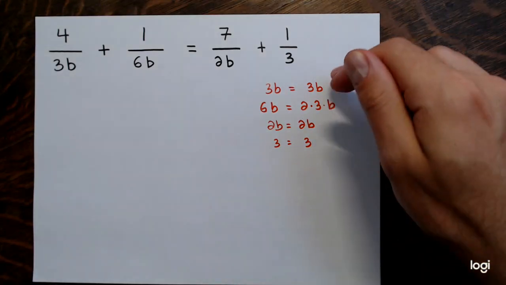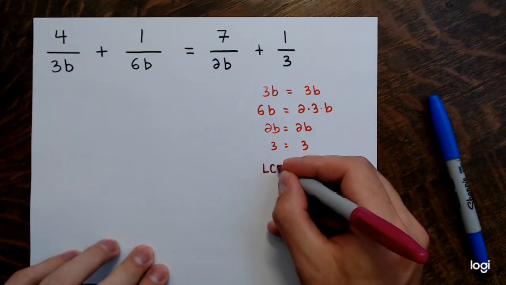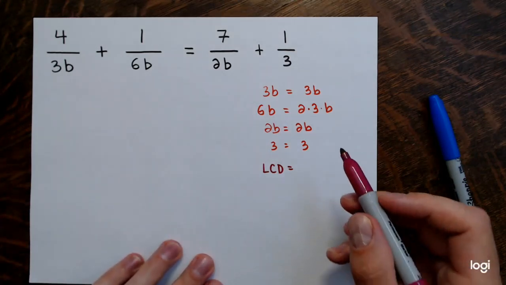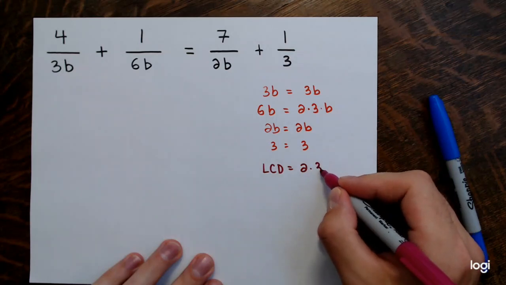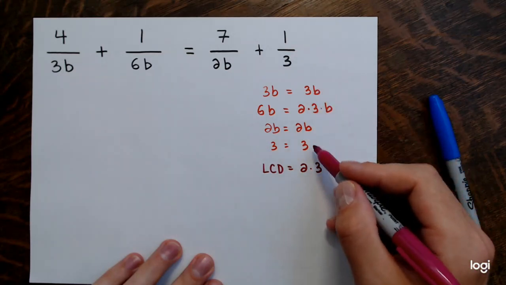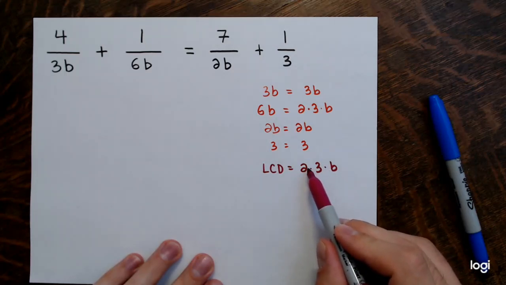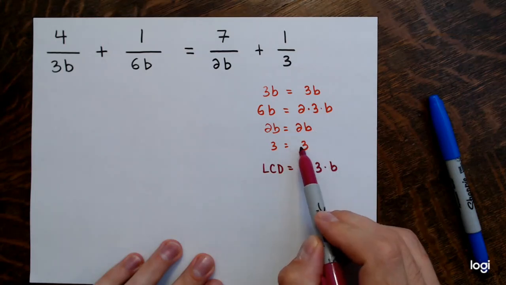So now that I have the factorizations of all my denominators, I can form the LCD. The least common multiple of the denominators, the least common denominator. It's going to have 2 to some power times, and then there's some 3's in here, so 3 to some power, and then there's some b's in here, so b to some power. The power on 2, let's see, 2 appears 0 times, once, 0.